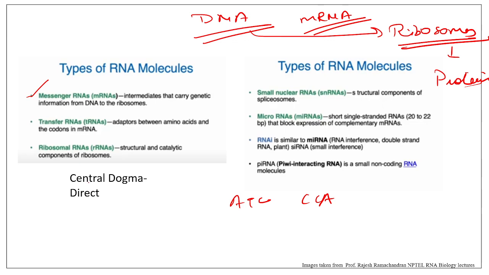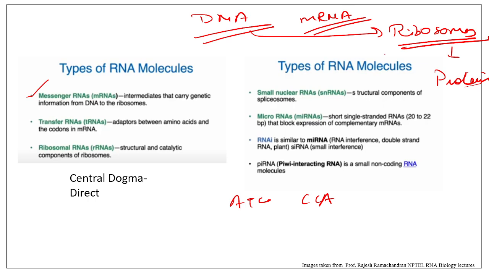Then rRNA, the ribosomal RNA. What is the meaning of ribosomal RNA? That means that it is present in the ribosome. This rRNA is present in the ribosome and it is required for the structural and catalytic function needed for the synthesis of a protein.